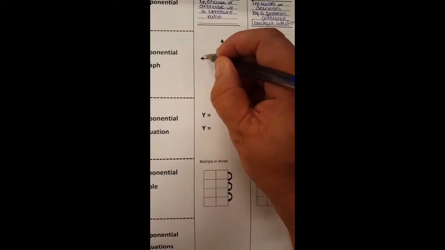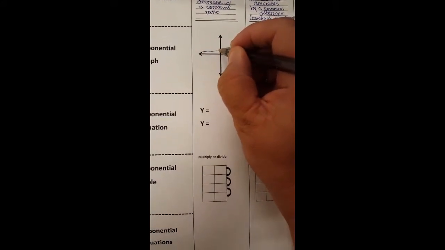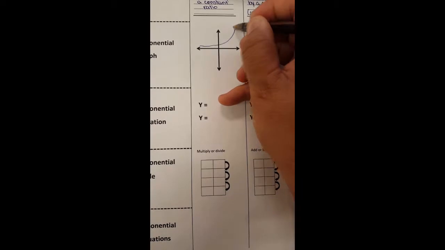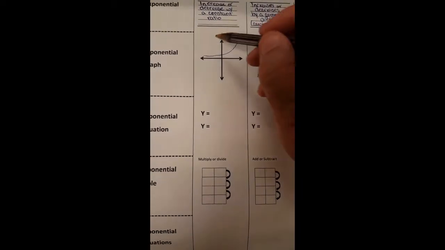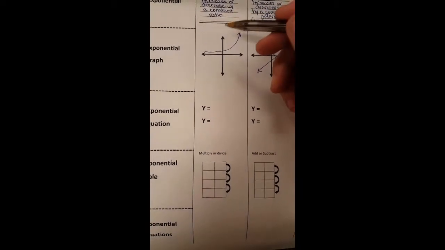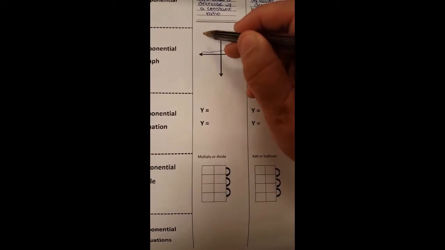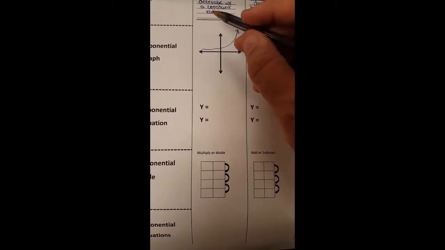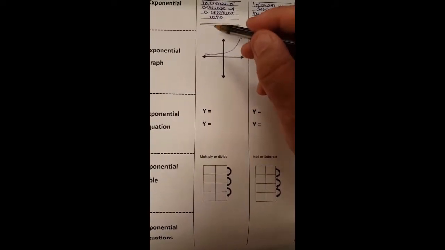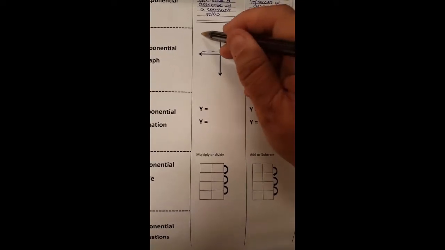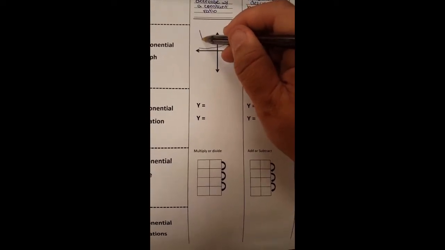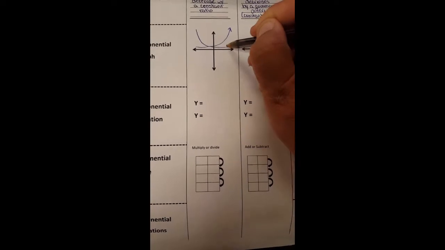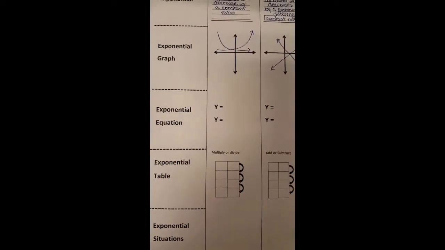Exponential equations start really slow and slowly go up, and then all of a sudden they go up super, super fast. And if we're talking about decay, or backwards, for example, I think there was a problem about a ball dropping and slowing down exponentially, they go down really fast, but then they level out. So that's what exponential graphs look like.